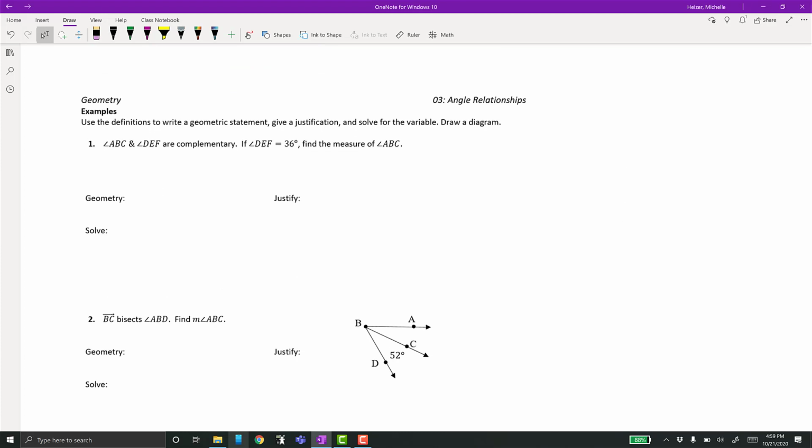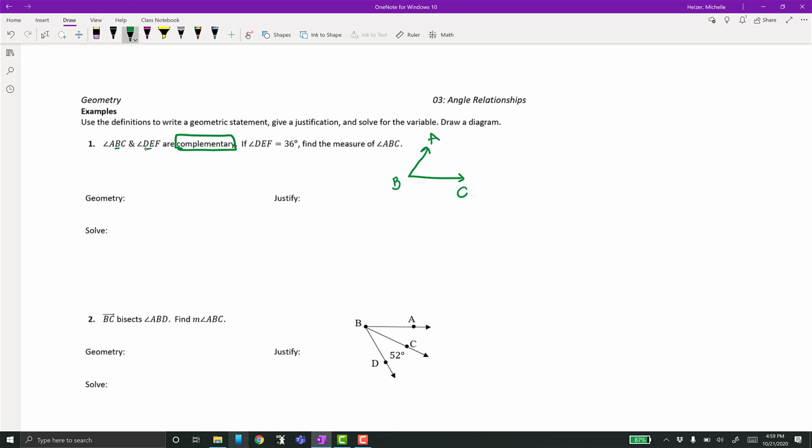So angles ABC and angle DEF are complementary. So complementary is a key word here. Okay. I'm going to go ahead and draw A, B, C. And this middle letter is always going to be the vertex of our angle.